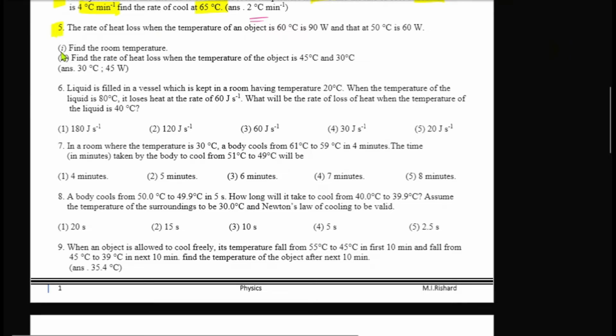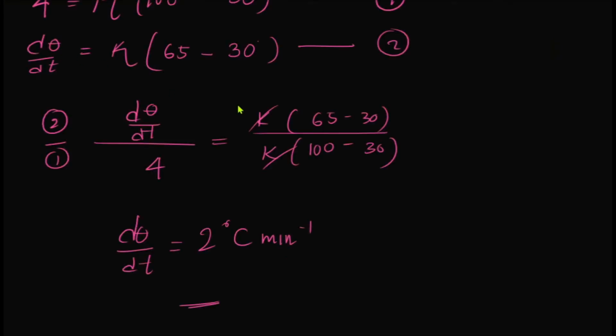Okay guys, let's go for the fifth question. Here what they're saying is the rate of heat loss when the temperature of an object is 60 degrees Celsius is 90 watts, and the rate of heat loss when the temperature is 50 degrees Celsius is 60 watts, right? Simply let us mark all that in the diagram.